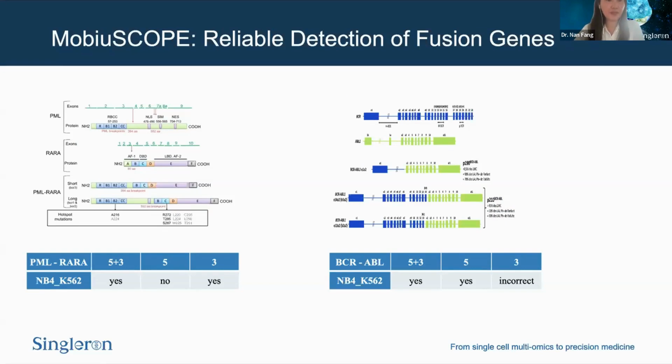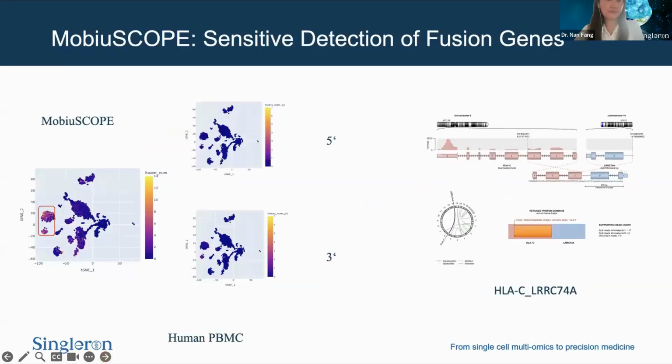And again, with either the 5' method or 3' method, we probably would miss one or another, or we would call one or another probably incorrectly. But with the MobiuSCOPE method, once we have the full-length information, we could also detect those known fusions in a more accurate way.